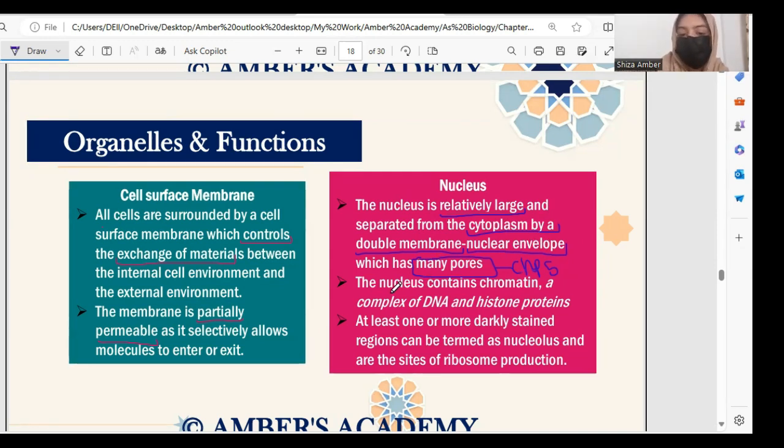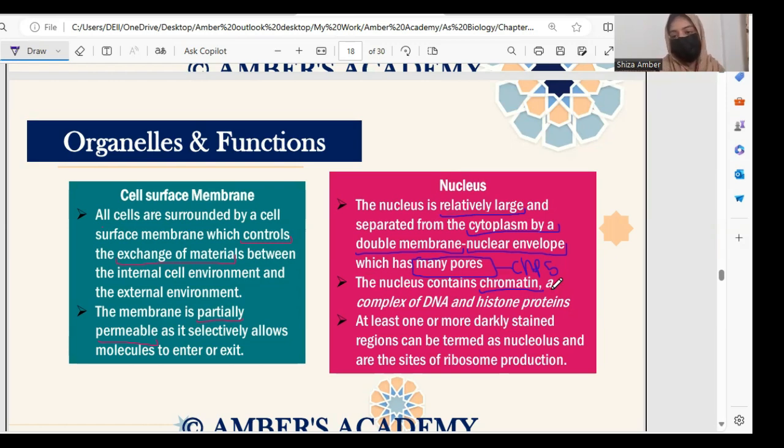Okay, so now moving towards what is within the nucleus. The nucleus contains chromatin. Chromatin are thread-like structures which contain genetic information, and the condensed form of chromatin is known as chromosomes. You need to remember the difference between chromatin and chromosomes. Chromatins are uncondensed, thin thread-like structures, and both of them contain genetic information.